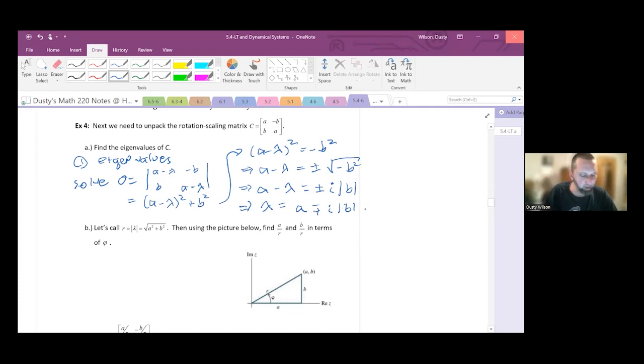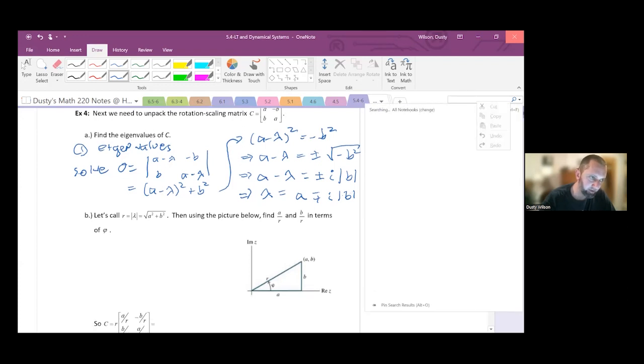But if we assume that B is positive, there are sort of two options. If B happens to be positive, then you'll still get A minus or plus iB, which is the same as plus or minus.